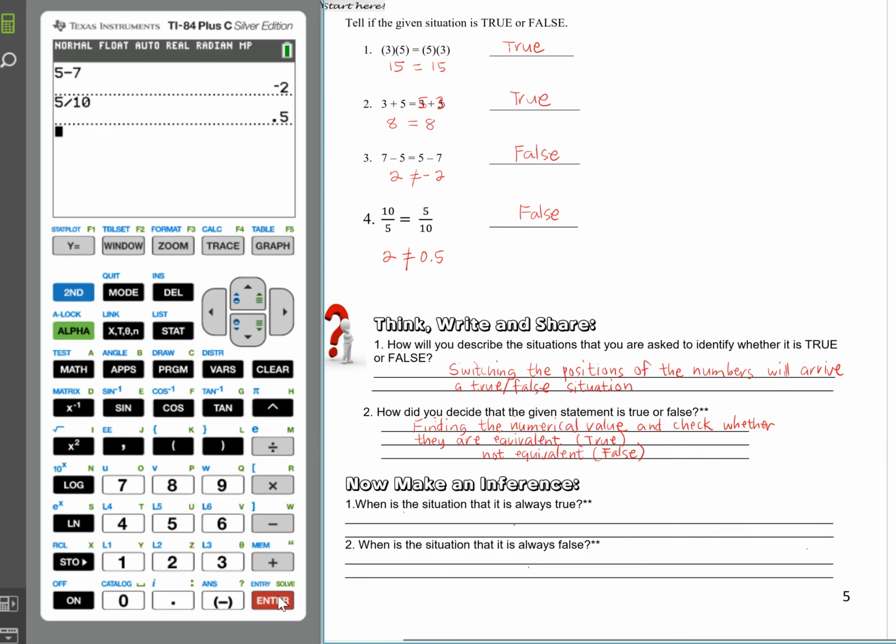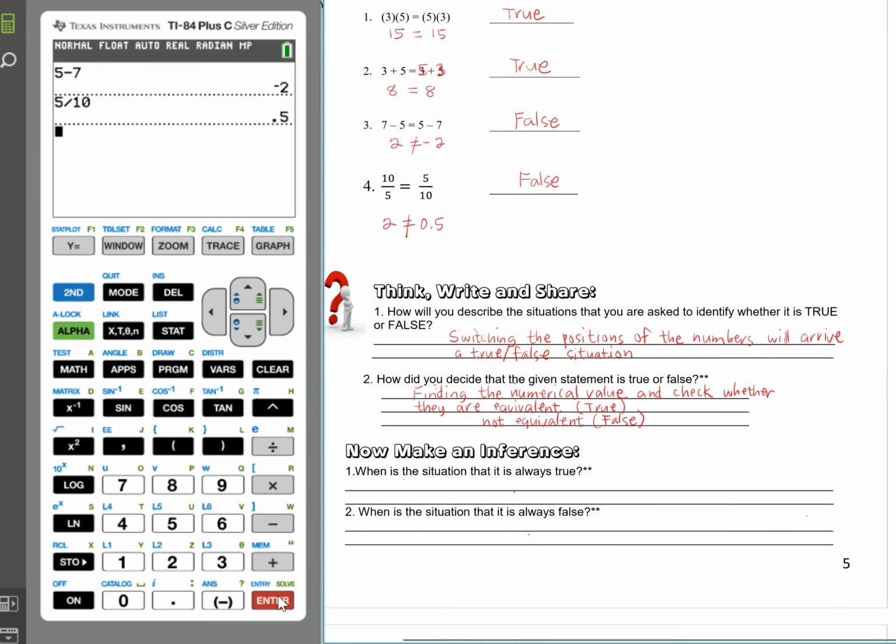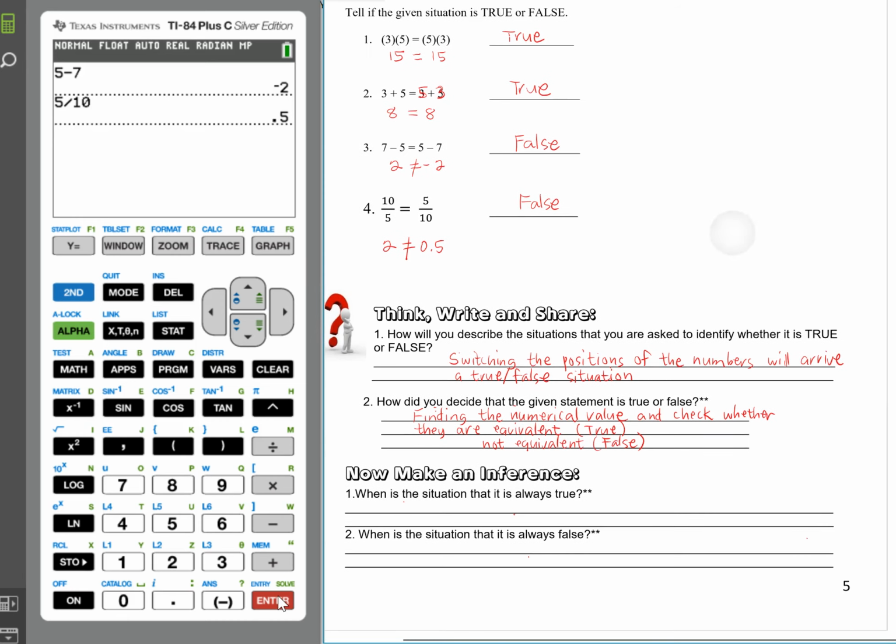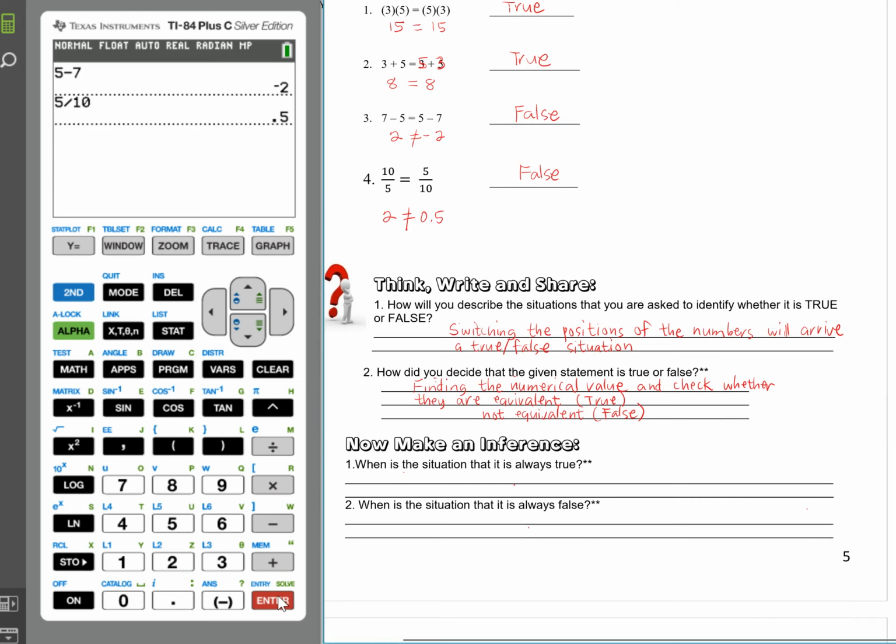Okay, the next one is, what is a situation that is always true? I would say that here it is true when it is multiplication and addition. So it is always true.